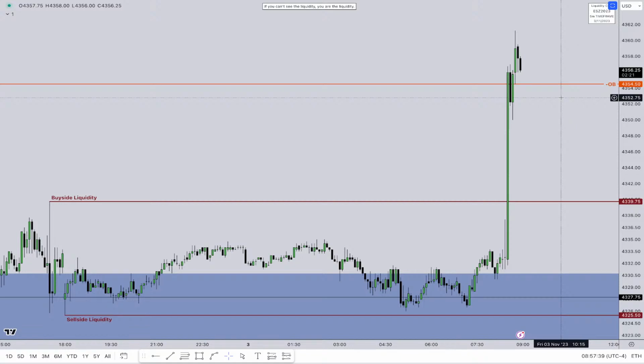Let's check on Dow. We're using it as barometer only. We're not trading it. You can also here see little people lows took out the high.